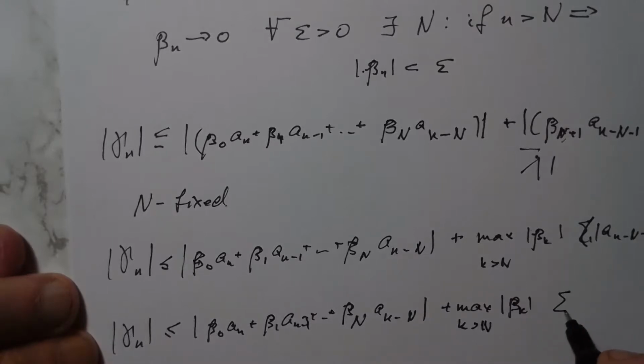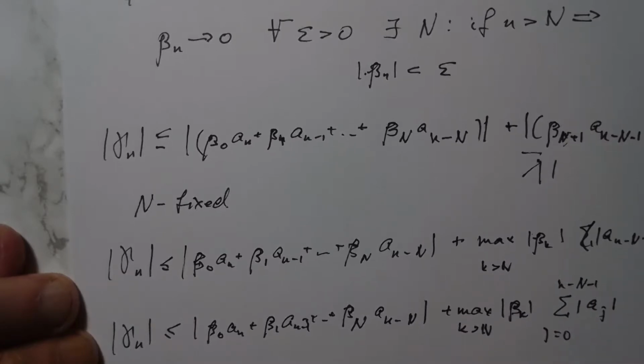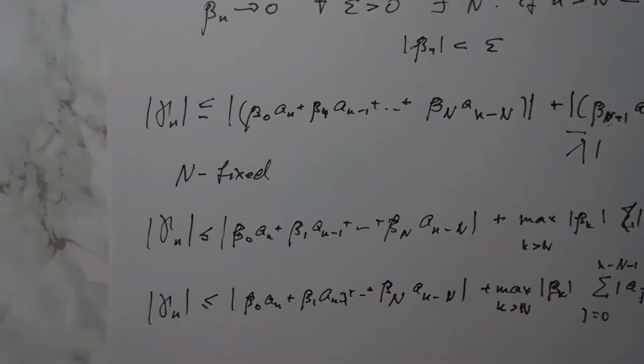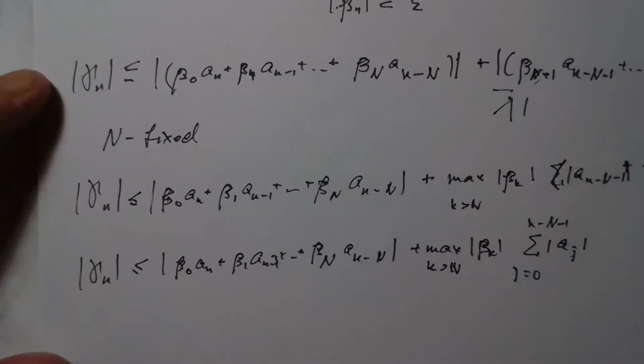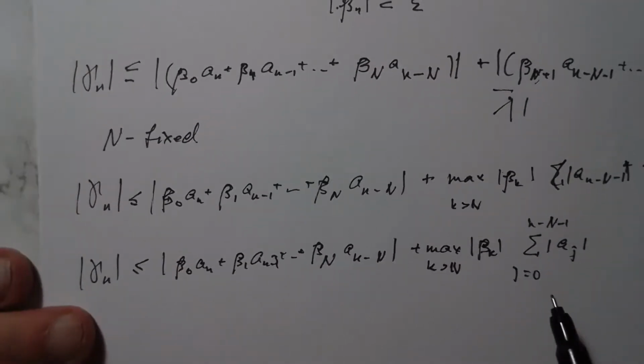And what I will be left with is the sum of a j from 0 to n minus N minus 1 with absolute value. Okay, here comes a trick, and this is where absolute convergence was needed.